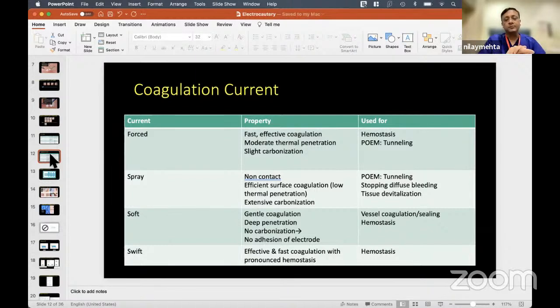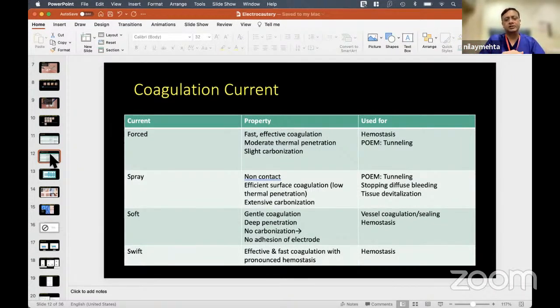Yeah. So the spray current is a non-contact current. When you use it for tunneling, it's very fast because you just have to spray the current, and because it's a very powerful current, it will just burn the tissue. Only thing is, I always worry that it will have an effect on the surrounding tissue like the heart and other things.